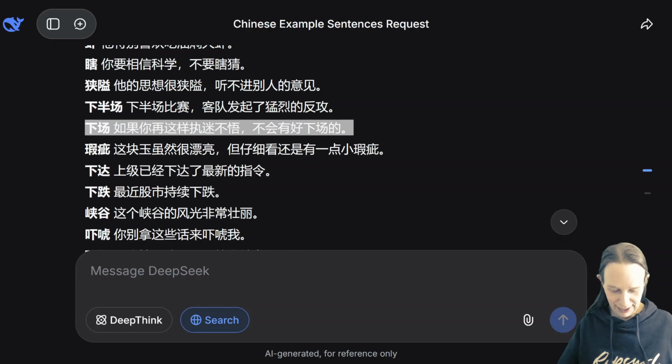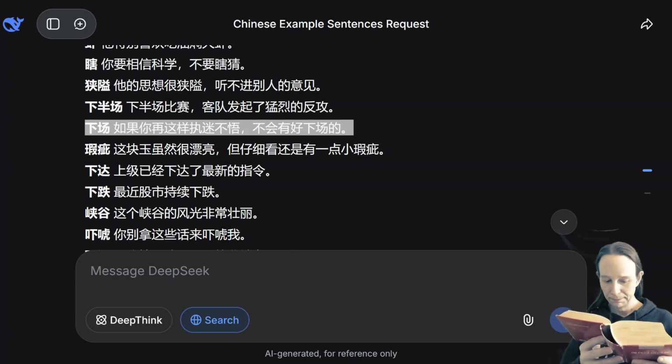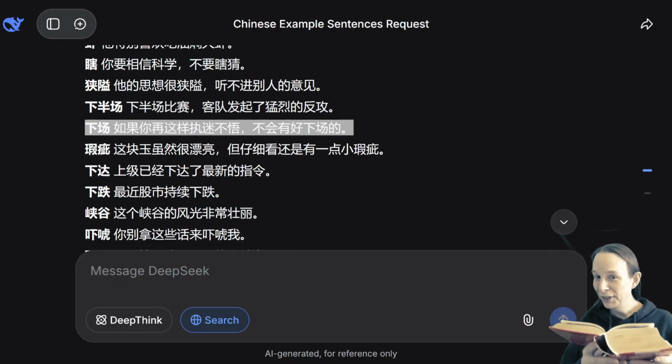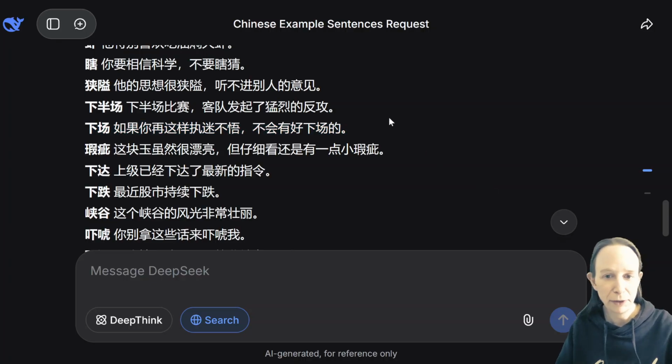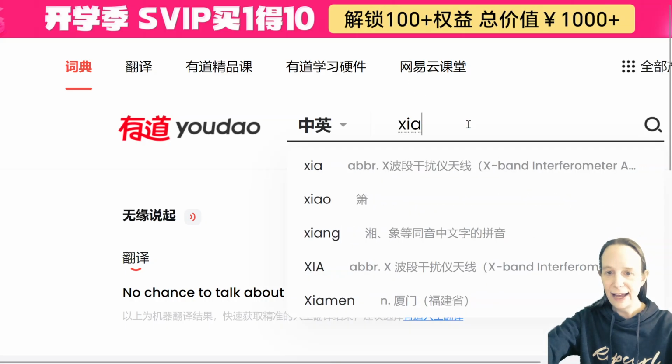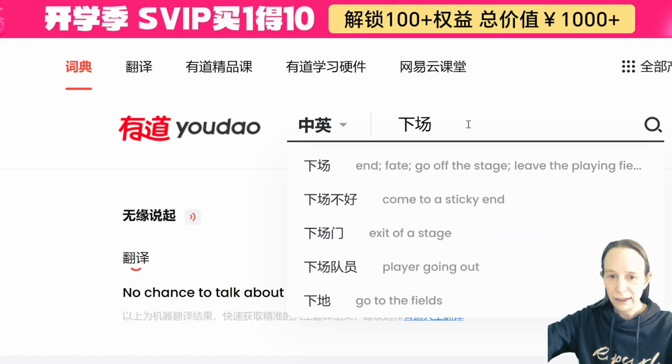The second one is a noun, not a verb. 一般指不好的结局. So it's a noun meaning like an unfavorable conclusion. So I don't know what this is, but this is the get off the field, get off the stage one. 下场不好，下场门，下场队伍.